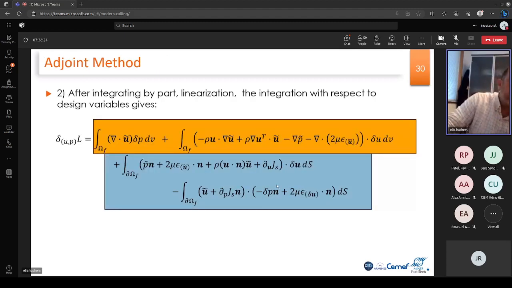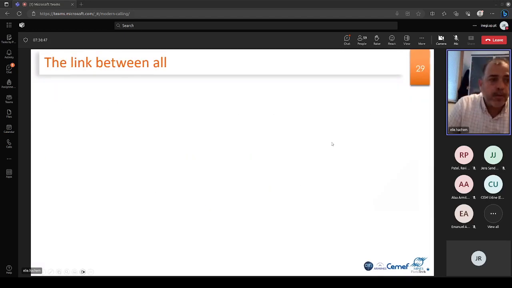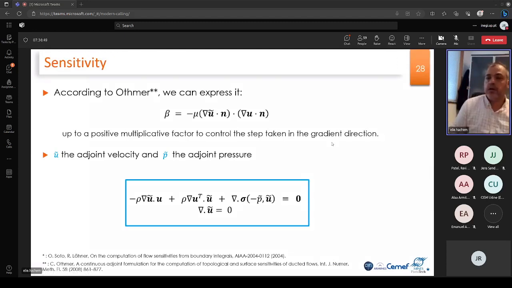It's when you derive with respect to U and P, of course, after all the mathematical integration by parts, I'm simplifying it, you end up with all these 4 terms. And if you look at all these terms, we're going to see why we need that divergence of U tilde equal to 0 with this part of the equation equal to 0, which are what I showed you, the adjoint equation.